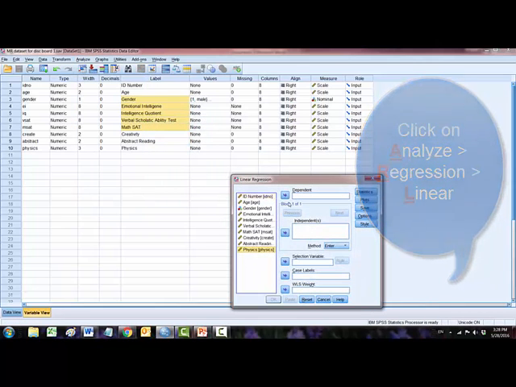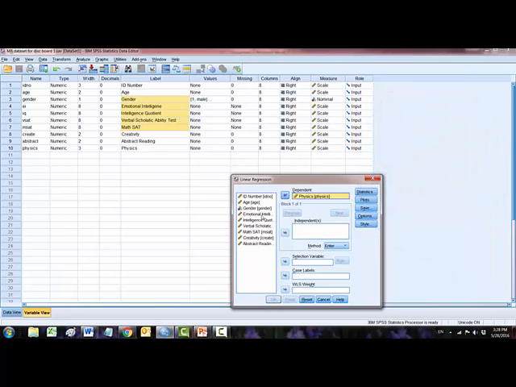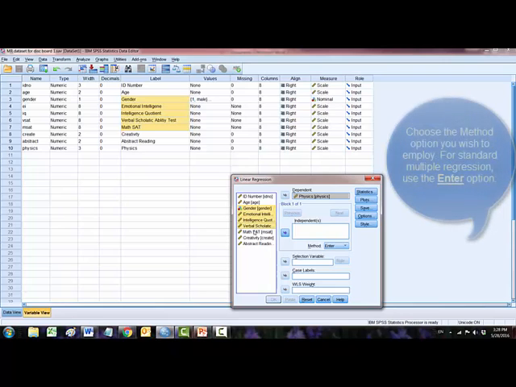So physics is our dependent variable, and then we are going to select 5 independent variables as said in the question: gender, EI, IQ, verbal, and math. So 5 elements are included under independent, and 1 is dependent.